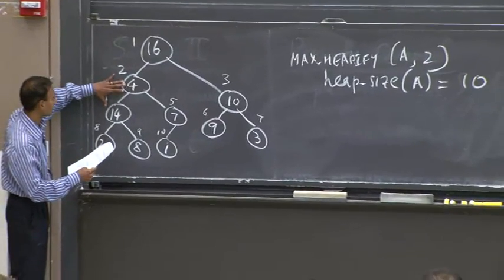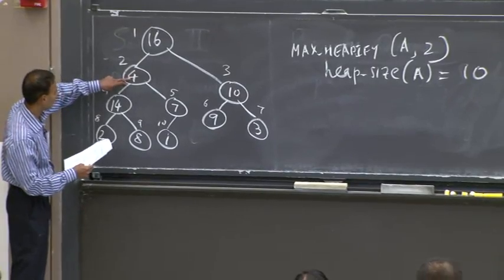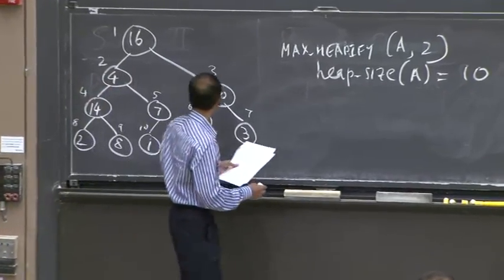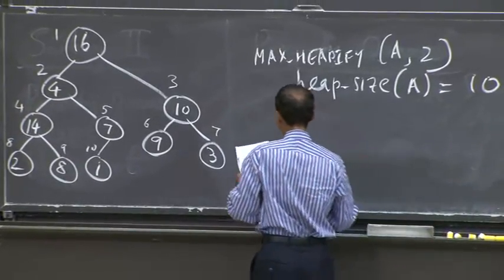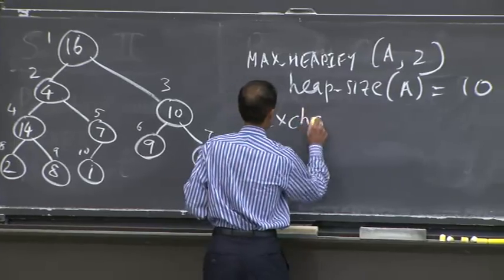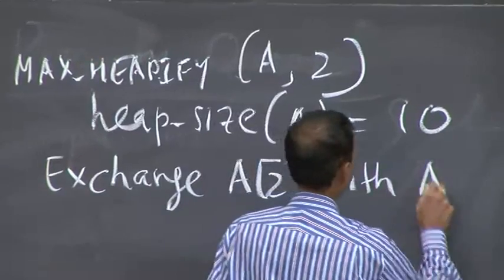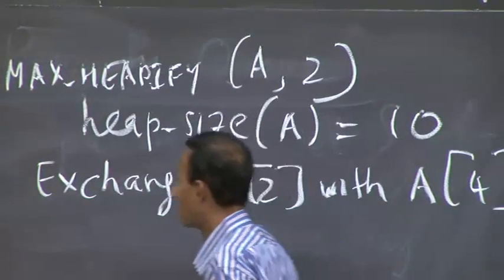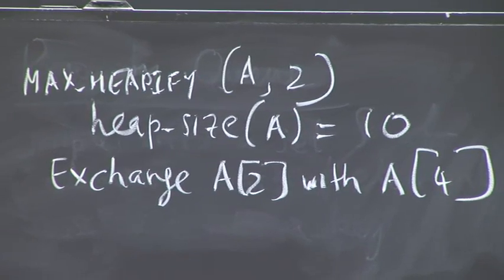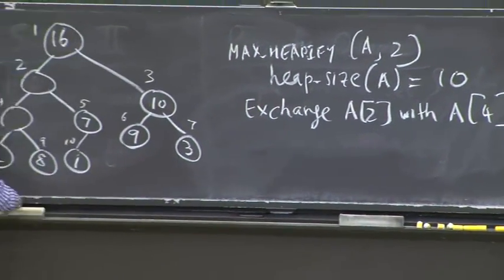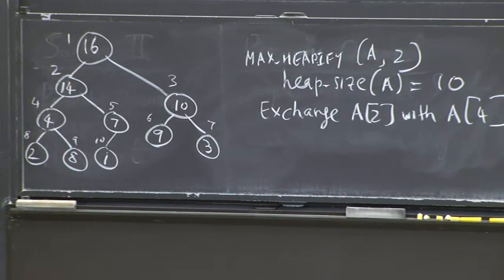If you walked through the code, you'd look at 4 and 14, and it says, I'm going to look at both my children and exchange with the bigger child. So I'm going to exchange A2 with A4. And what that would do is make this 4, and make this 14. And that would be step 1.